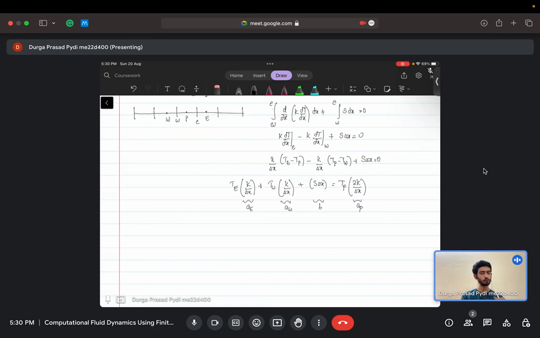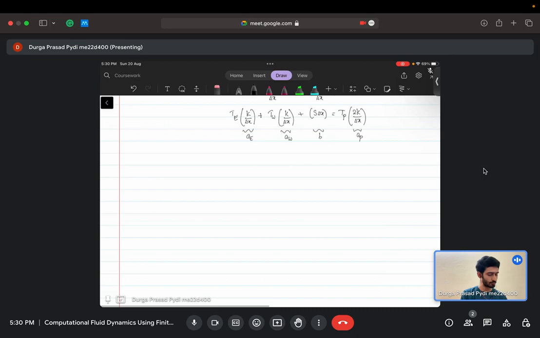Now when it comes to the boundary conditions, if you take a boundary, this is my P, this is my west boundary, this is my east cell, this is my east face.